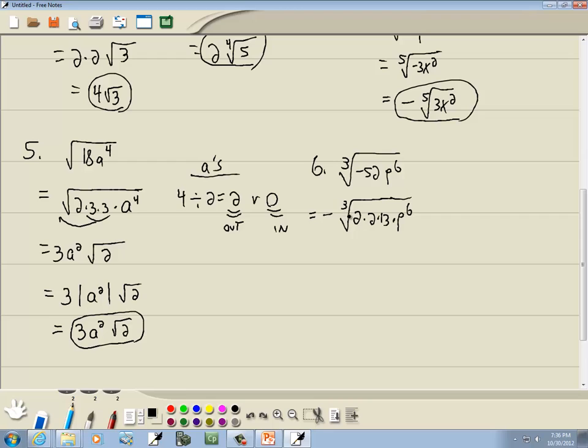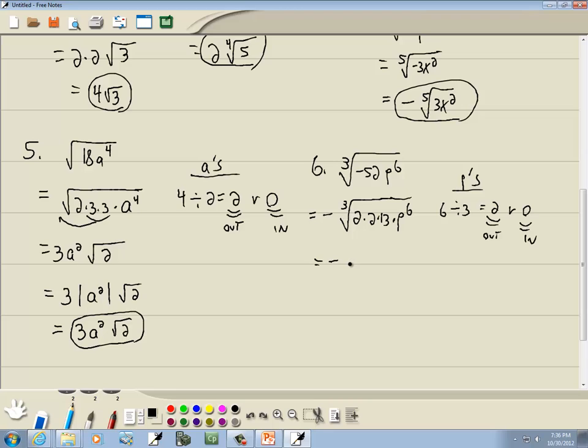Our index is 3, so I'm looking for a set of 3 of something. I don't see any 3 of any numbers here, so we can't do anything there. But the p's: we take our power, which is 6, and divide by our index, 3. That gives us 2 with a remainder of 0. This is how many come out, and this is how many stay in.